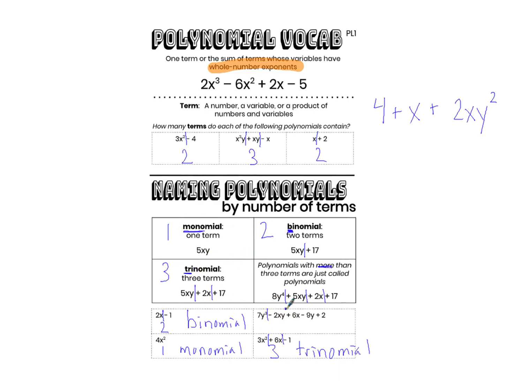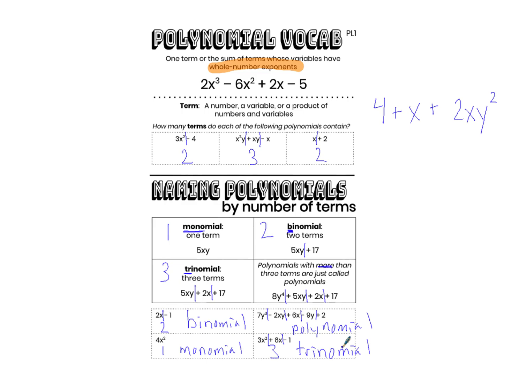This one has not just 4, but 5 terms. 1, 2, 3, 4, 5. If it has more than 3, we don't have a special word for it, so we just call this the general word. This is just a polynomial. Again, polynomial is a general word. Every binomial is a polynomial, every monomial is a polynomial, every trinomial is a polynomial.